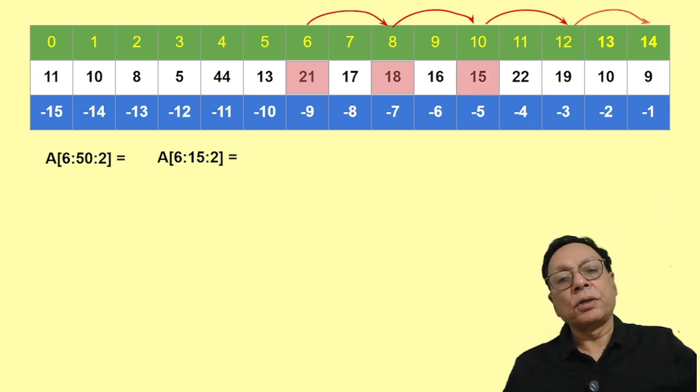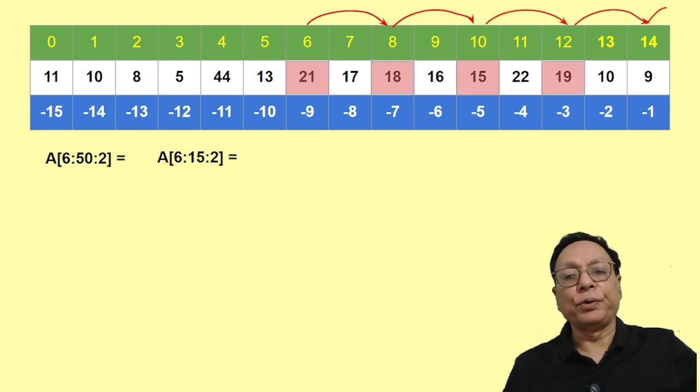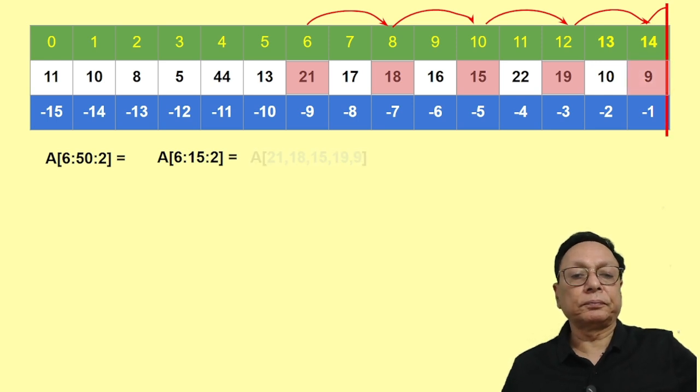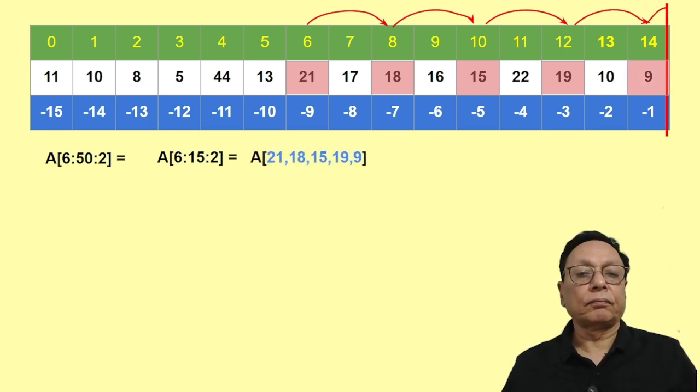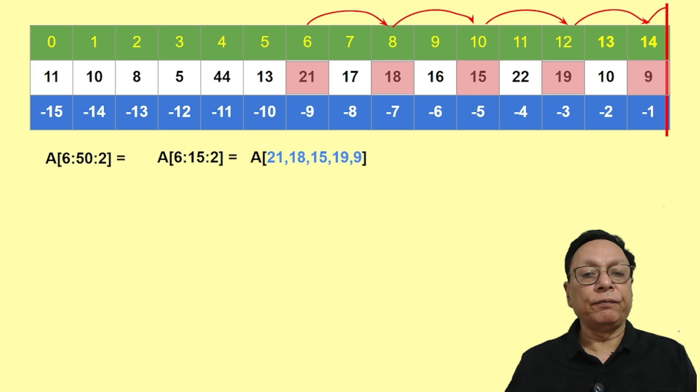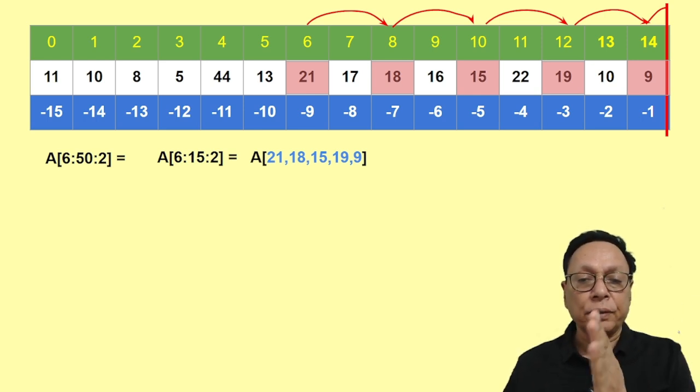So this should be the slice you have to take out: 21, 18, 15, 19, and 9, and you have moved left to right.